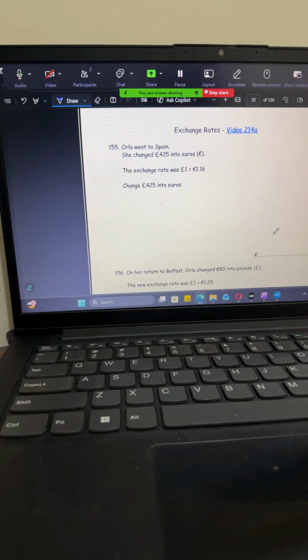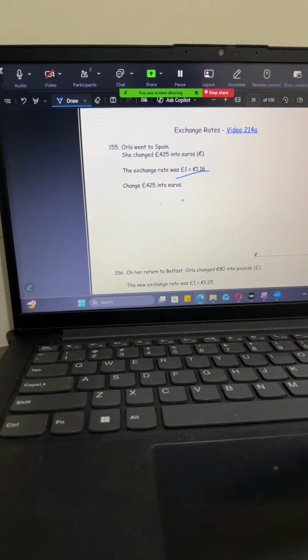We have exchange rate over here. So this one is simple. Ola went to Spain. She changed £425 into euros. The exchange rate was £1 equals €1.16. Change £425 into euros. Can you do that? So see here, 1 pound is equal to this many euros, right?